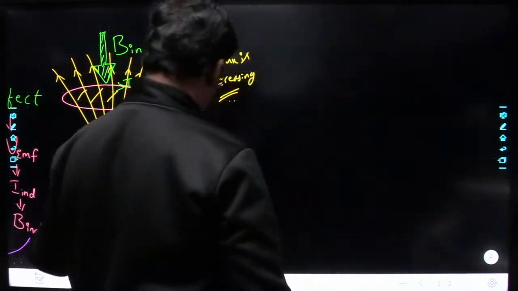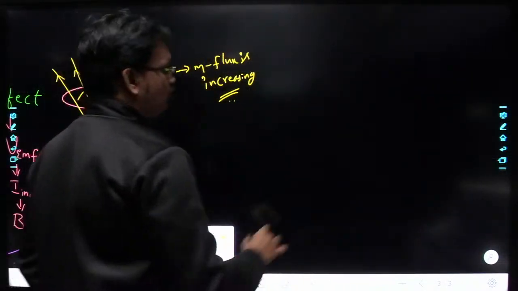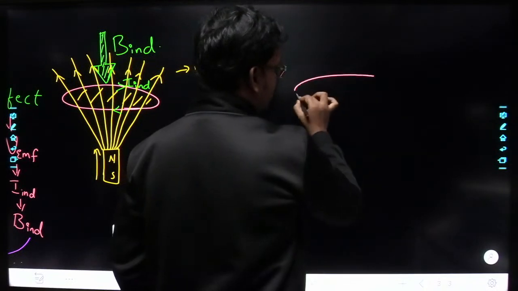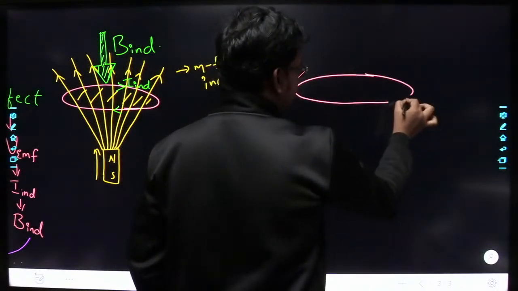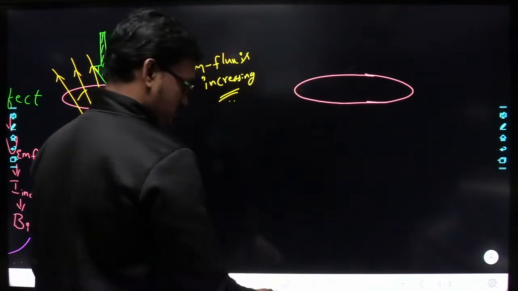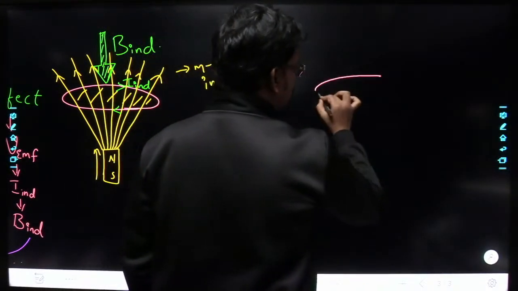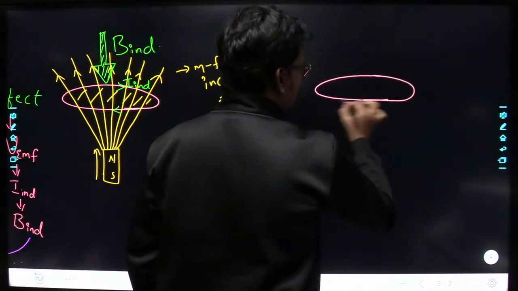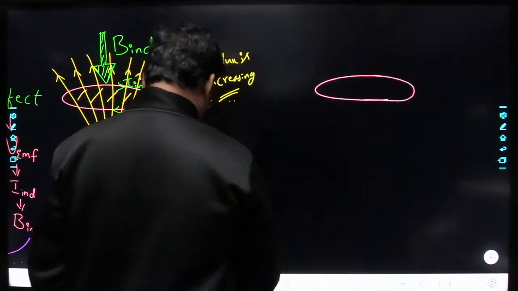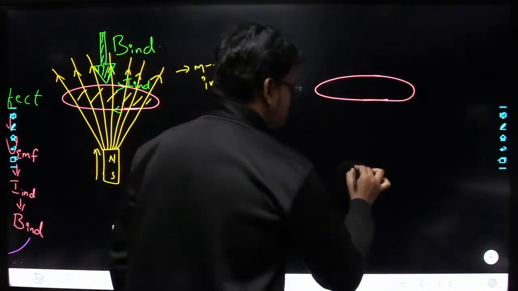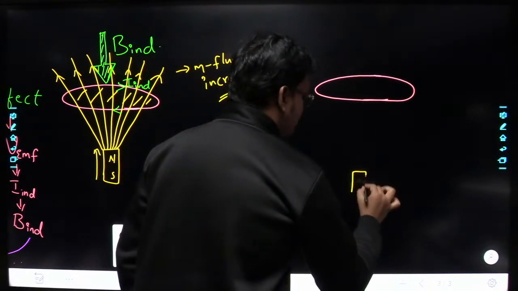Now similarly, I am considering a loop here. Let us assume the magnet is moving away from the loop.